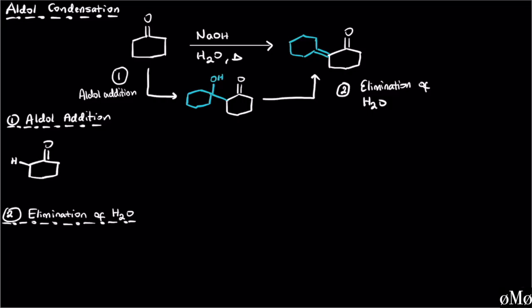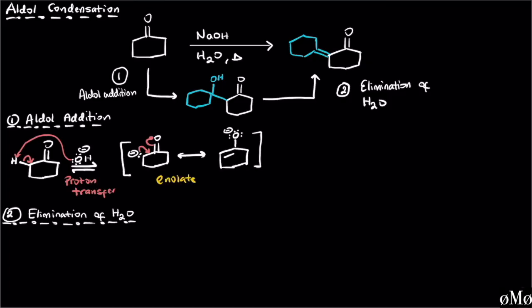So beginning with your ketone, your hydroxide can deprotonate the alpha position to form an enolate, which we know is resonance stabilized. But in any case, that can act as a nucleophile to then attack another ketone in the flask.